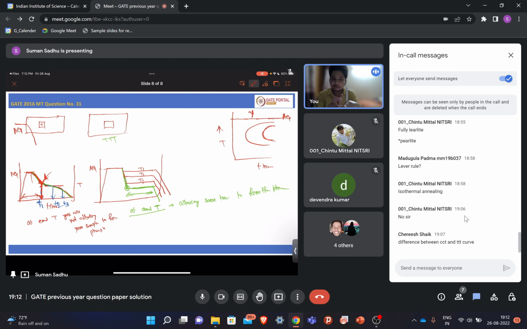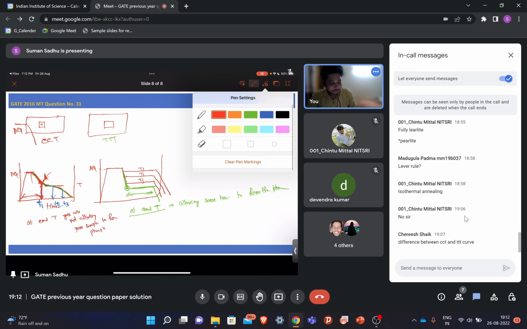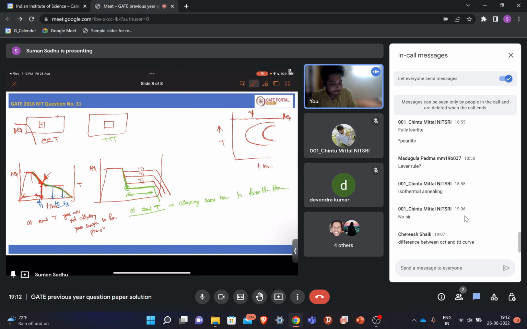So in this case your CCT curve will shift towards the right compared to the TTT curve, because you are continuously decreasing the temperature, so it will take longer time to form the same fraction. Got it?